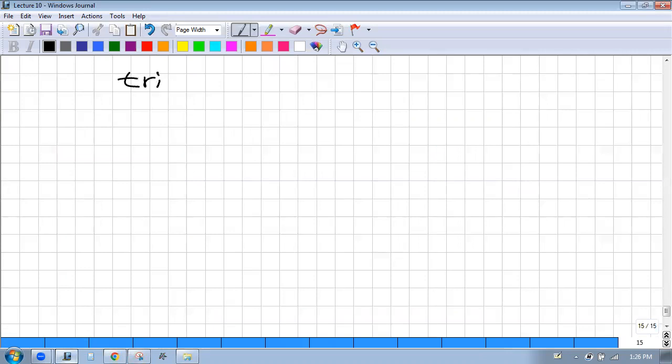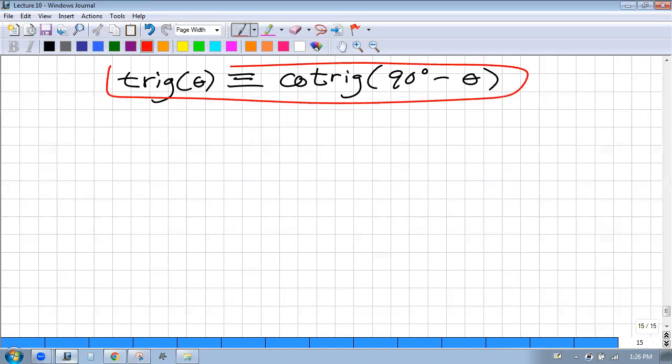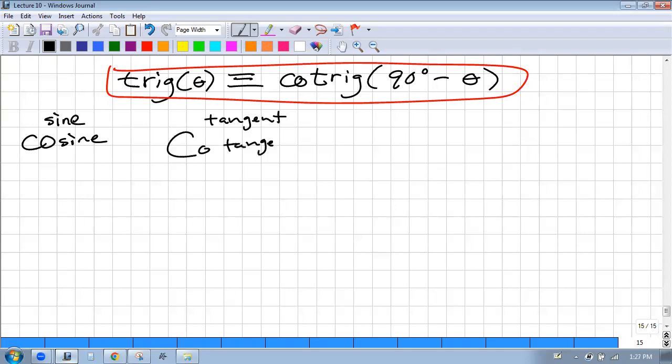Trig function of an angle is always cotrig of 90 minus the angle. So you might have noticed that you have your sine, and then you have cosine, and you have tangent, and then you have cotangent, and then you have your secant, and you have cosecant.